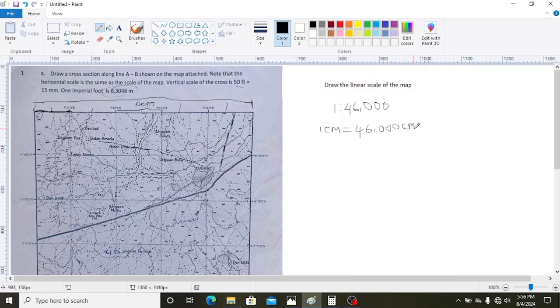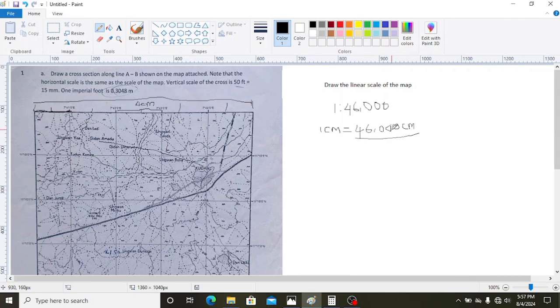So what we need to do now is to convert this value to meters or kilometers, in any unit that you want your linear scale to be. You understand? I want my linear scale to be reading in kilometers. So I'll convert this to kilometers. What am I going to divide by?